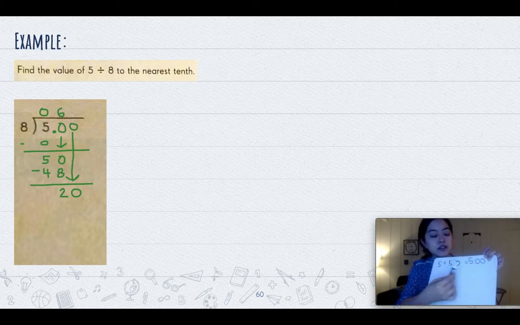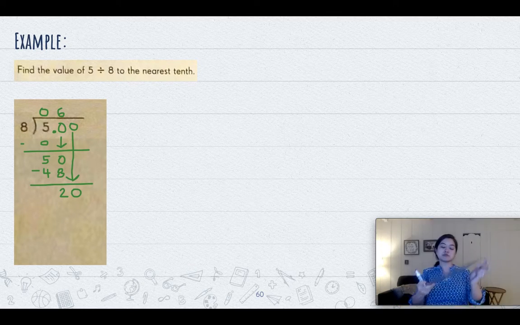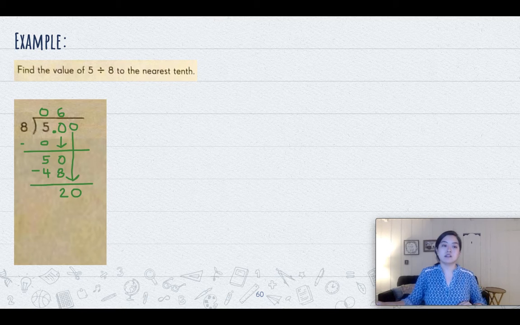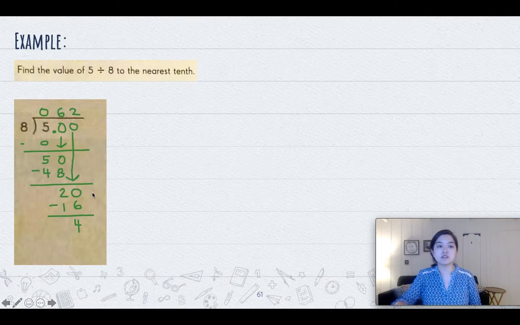So if I have a trailing 0 after a decimal point, okay, it doesn't change the value of that number. So now, I drop the 0 here. So 8 times what gets you 20, or close to 20 without going over? That's 2. So 20 minus 16 is 4.